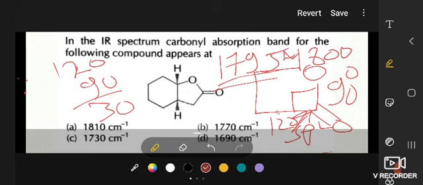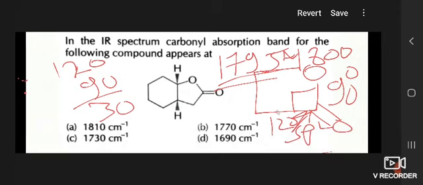In that way you are able to find the probable IR stretching frequency of any cyclic carbonyl compound, whether it is a cyclic ketone, a cyclic ester or a cyclic amide.